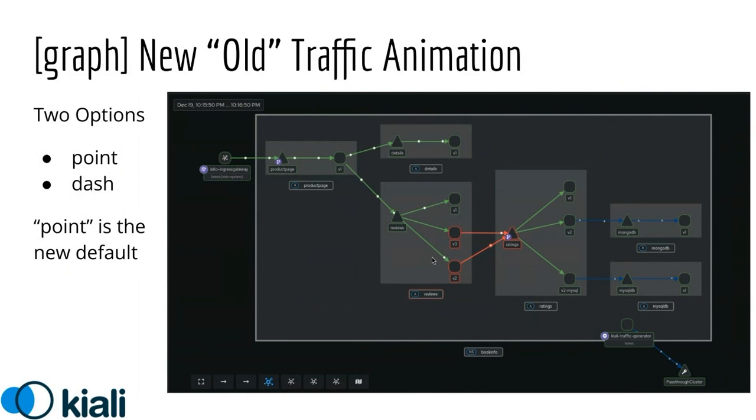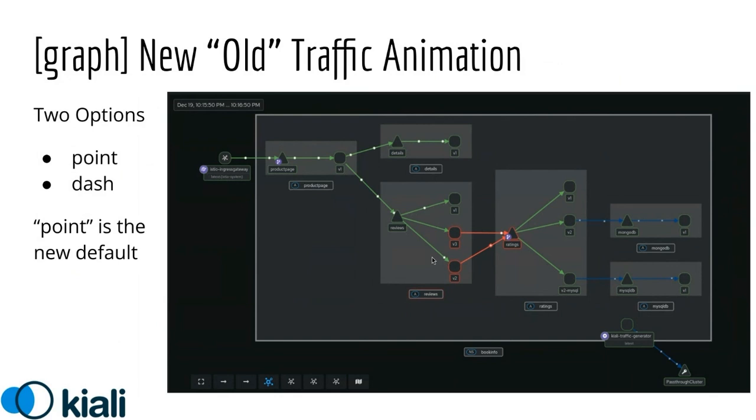All right, so one thing that happened when we put out version 2 of Kiali is it was a re-implementation of the graph using Patternfly, which is the component library we use for all of Kiali. So this gave us parity and consistency across the code base, but we did receive some pretty immediate feedback that the traffic animation that we had provided earlier was sorely missed by a few people.